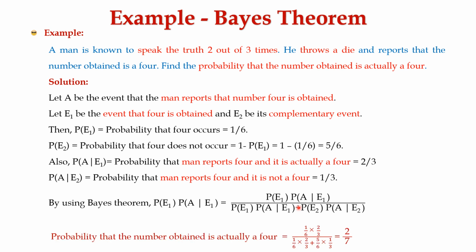The value of probability of E1 is 1 divided by 6 and probability of A given E1 is 2 divided by 3, divided by 1 by 6 into 2 by 3 plus 5 by 6 into 1 by 3. So the probability that the number obtained is actually a 4 is 2 divided by 7. Hope you are clear in this problem.